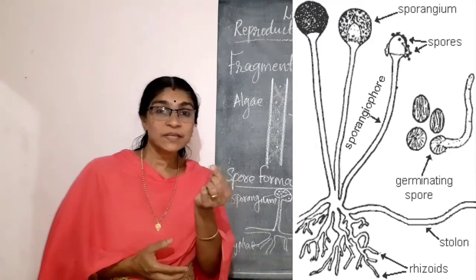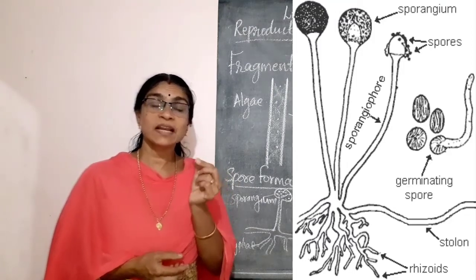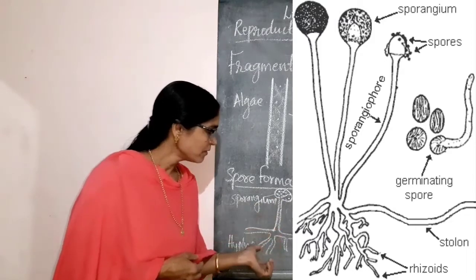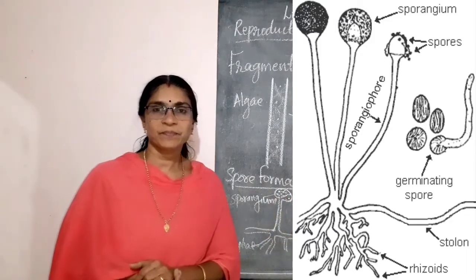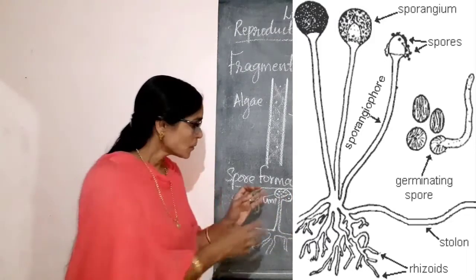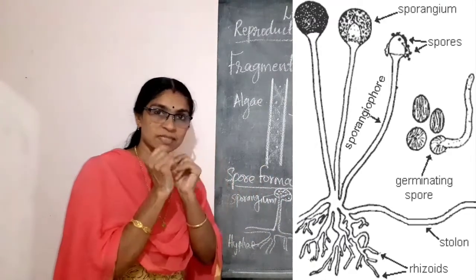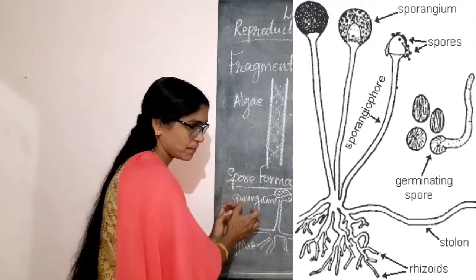When we observe a small piece of this bread under a microscope, we can see the growth of sporangia, the hyphae and spores. The spores are well protected inside a bulb-like projection called sporangia.